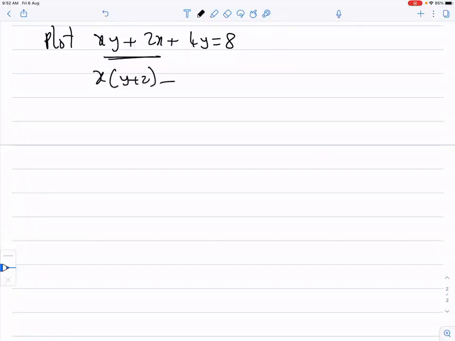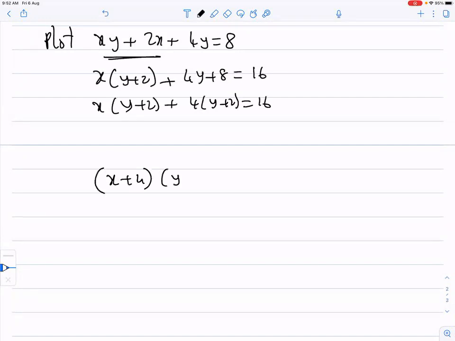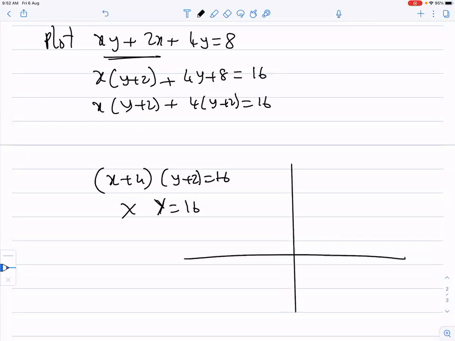If I take 4 common from the other terms and need y plus 2, I should add 8 on both sides. So x into y plus 2 plus 4 into y plus 2 equals 16, that is x plus 4 into y plus 2 equal to 16. This is like xy equal to 16. Now plot the curve.